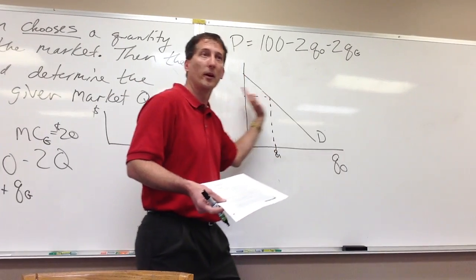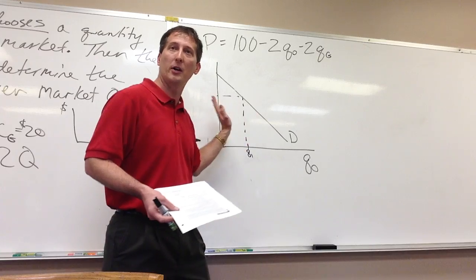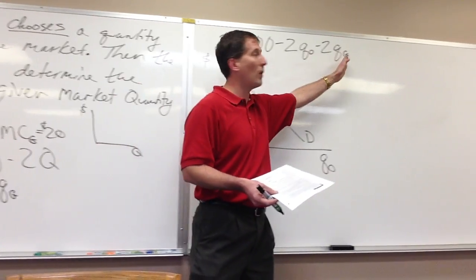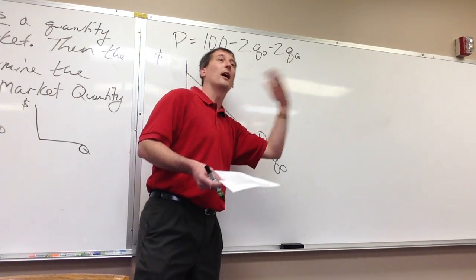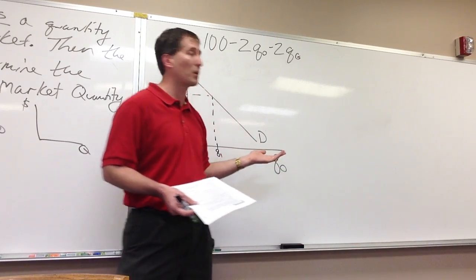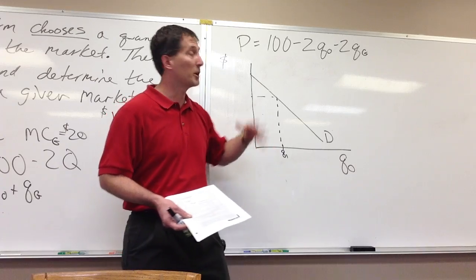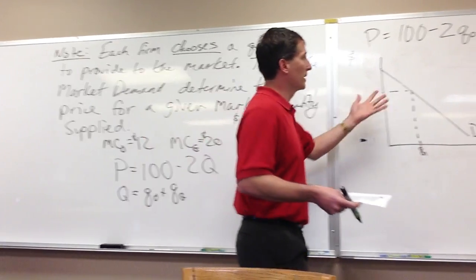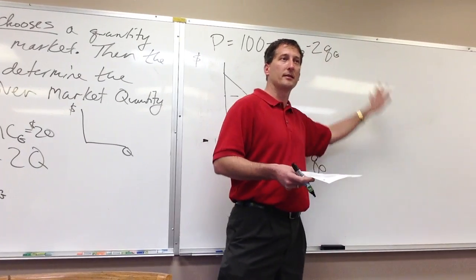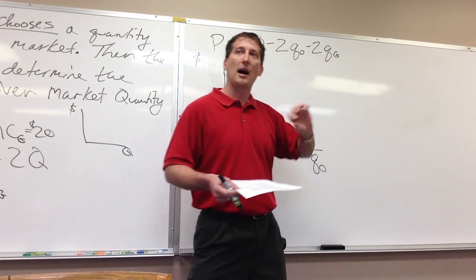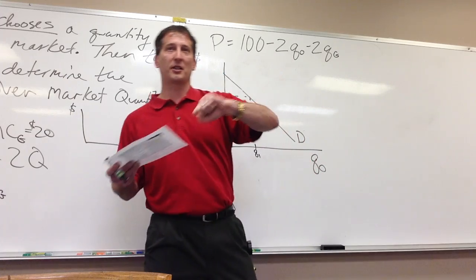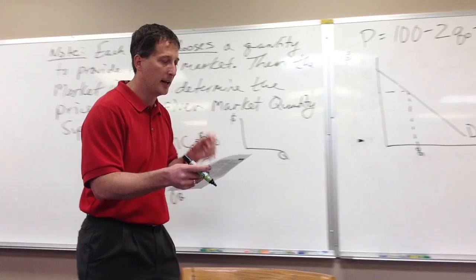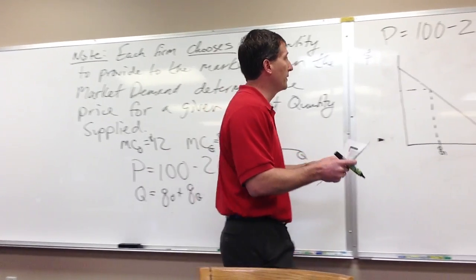Just like we learned before with income or other variables that we hold constant, this time what we're holding constant is the quantity of the other person's product, which we know could vary. And so where we're ultimately getting to is the reaction curve. How is my quantity going to change based on your quantity? That's ultimately what the question asked for, to determine each firm's reaction curve and graph it.